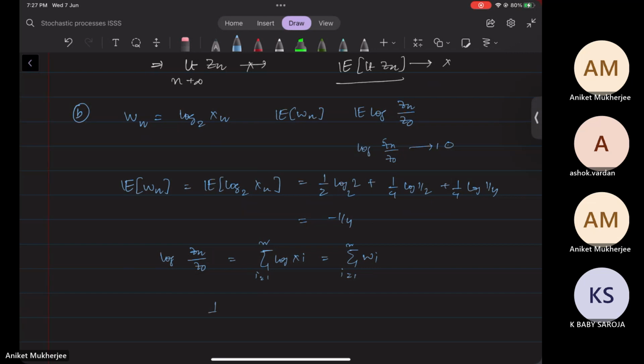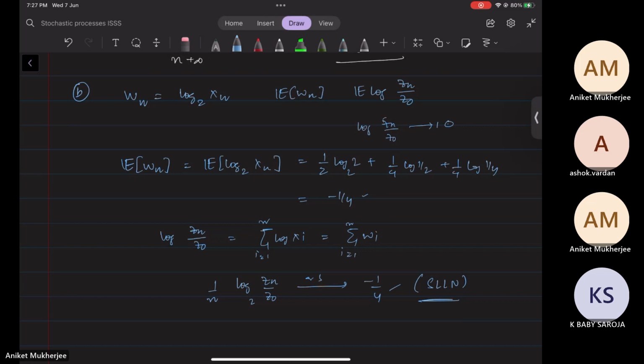From here you can see that 1 by n log Zn by Z0 to the base 2 almost surely converges to minus 1 by 4, the expectation of Wn. This is based on the strong law of large numbers. So as you can see, this almost surely converges to minus 1 by 4.